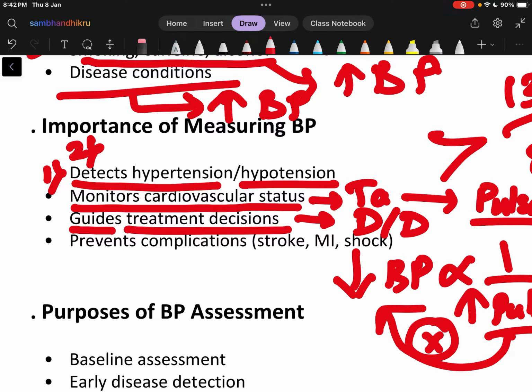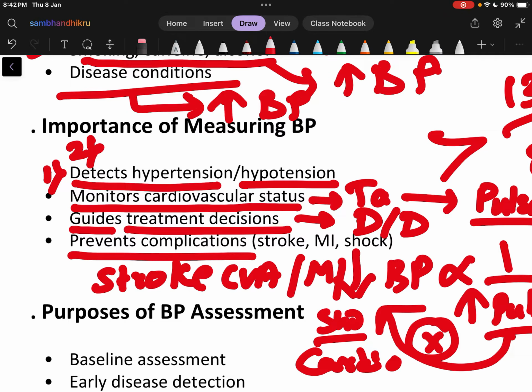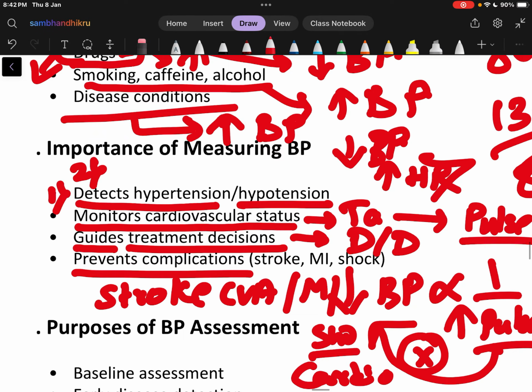Prevents complications like stroke, that is cerebrovascular accident, myocardial infarction, shock, especially cardiogenic shock and hypovolemic shock, very importantly hypovolemic shock. In hypovolemic shock, decreased BP and increased heart rate will be there. Clear? This is the importance of measuring the BP.